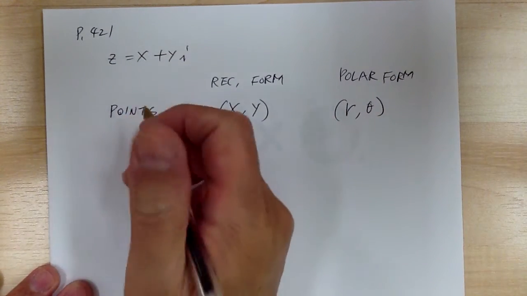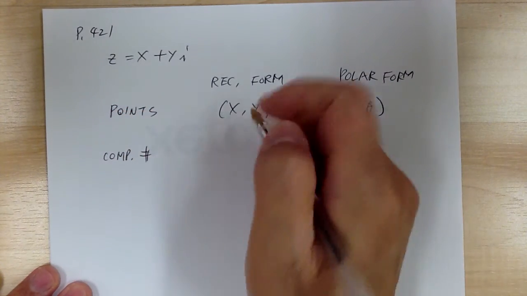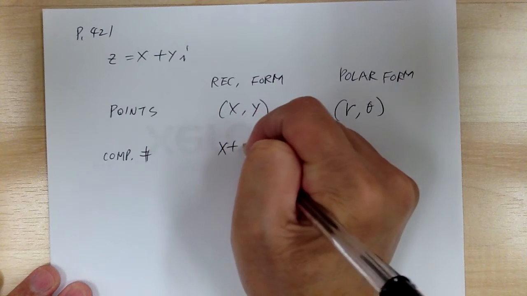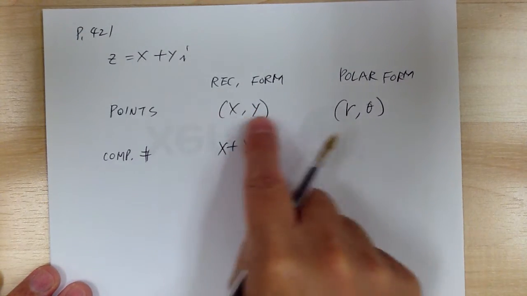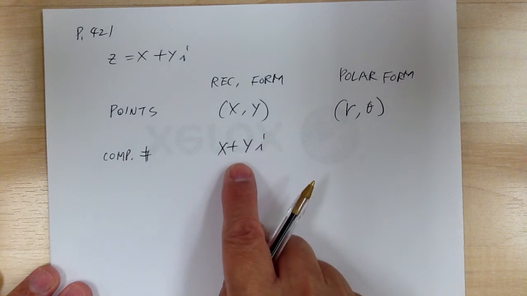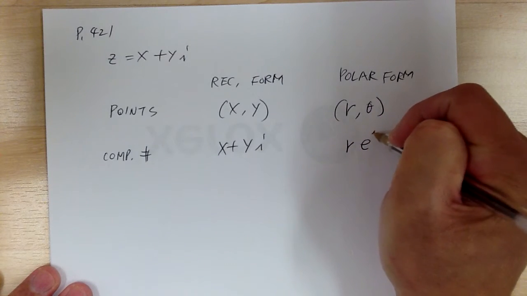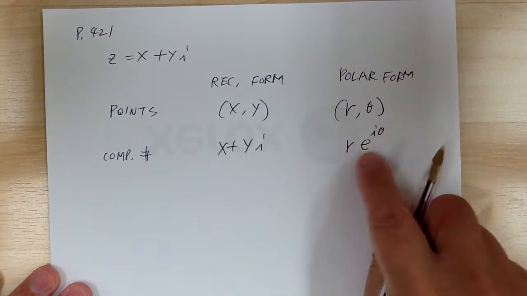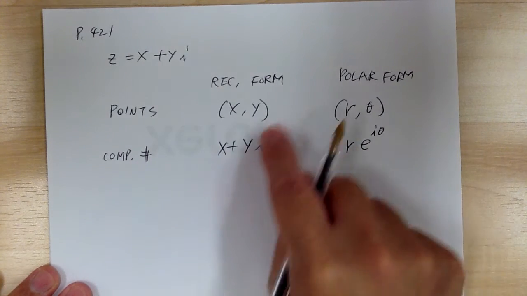Now for complex numbers, the rectangular form would be x plus yi. So again, very similar. This is in the coordinate form and this is in the complex number form. And for the polar form, you get r times e to the i theta. So this is just the form. Basically you have the radius and the angle. Again, very similar.